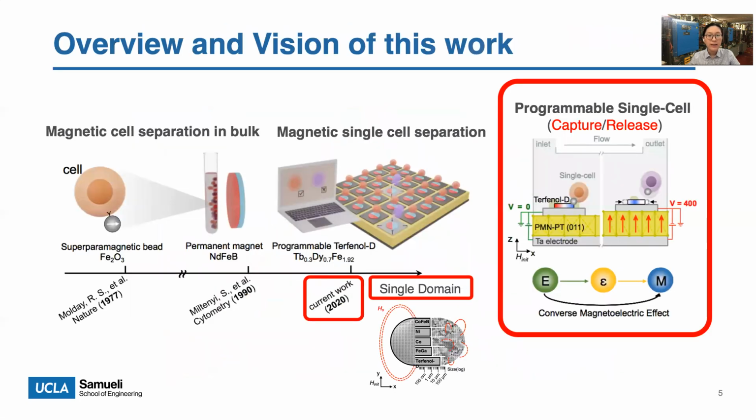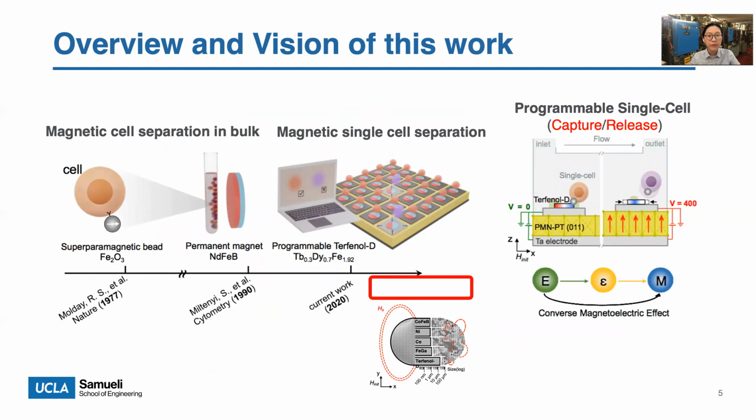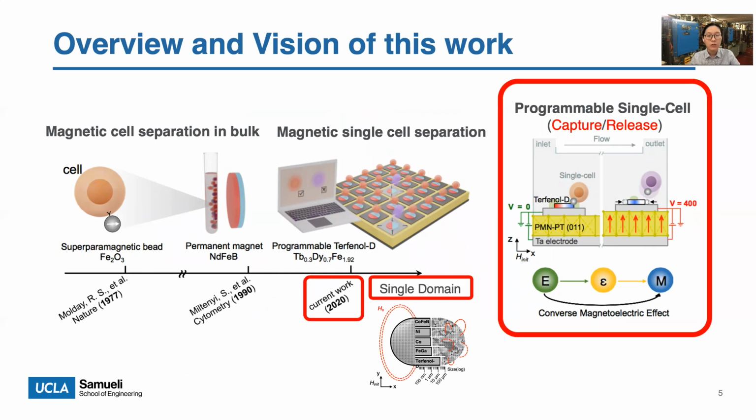So our work combines a multiferroic platform with microfluidic channels to achieve magnetic single cell separation. The idea here is to show reliable magnetic bead capture by magnetic disks with no external magnetic field bias, then work on cell capture by the same disks, and finally cell release by controlling the strain coupled to the magnetic disks.